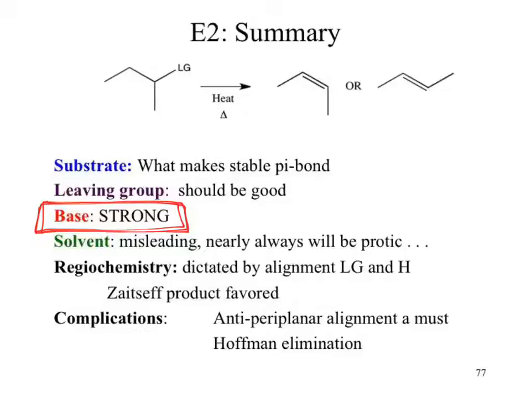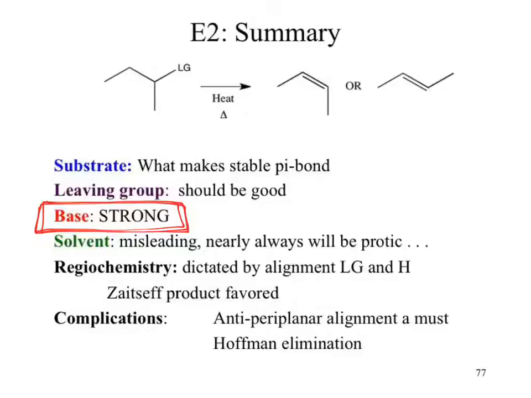Zaitsev drives them, and what does Zaitsev want? The most stable double bond possible, which would then suggest tertiary substrates, because we generate a more substituted double bond. So we see a pretty big departure between SN2 and E2, and they're two different styles.